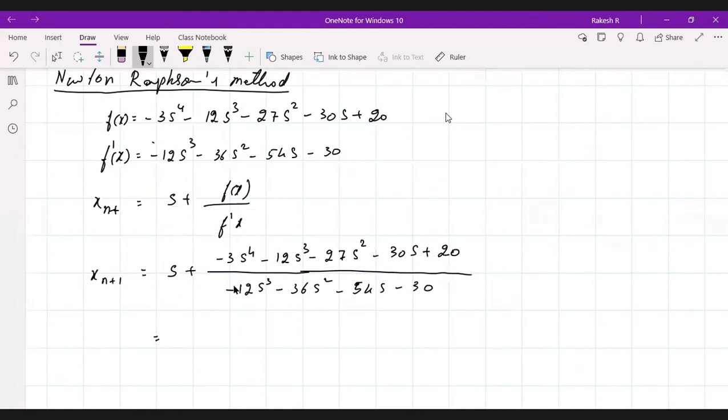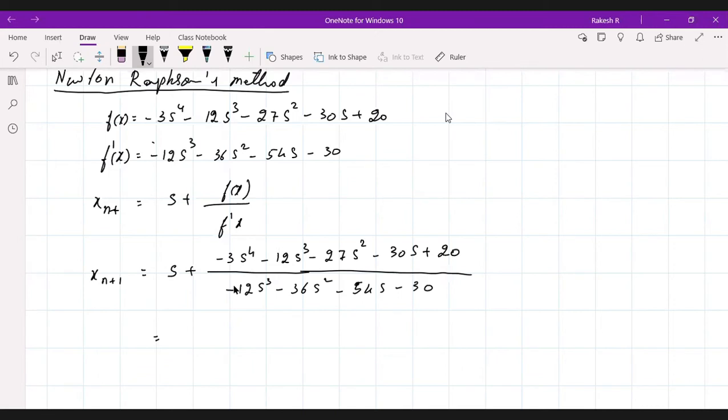That is, alpha x plus, open the bracket, 2 times minus x raised to 4 minus 12 alpha x cube minus 27 alpha x square minus 30 alpha x plus 20, divided by minus 12 alpha x cube minus 36 alpha x square minus 54 alpha x minus 30, close the bracket. Now you press calculate.